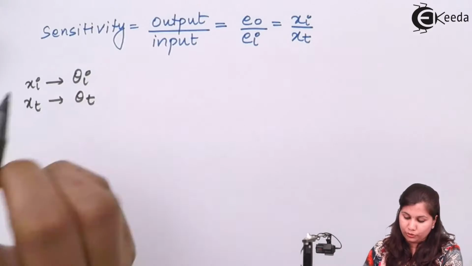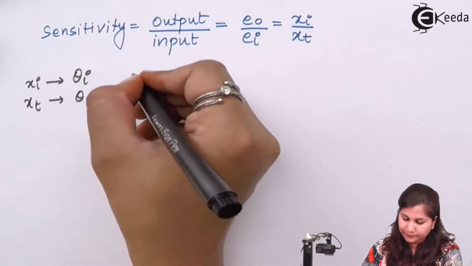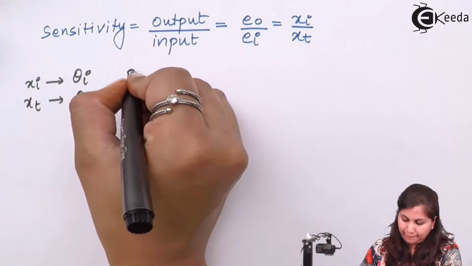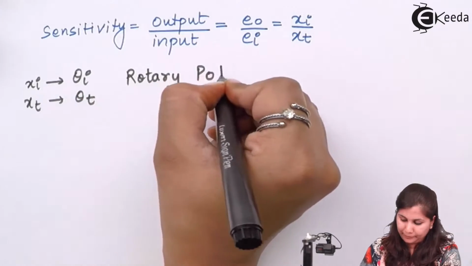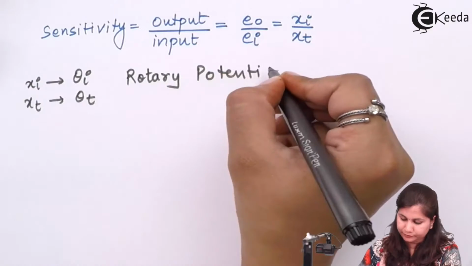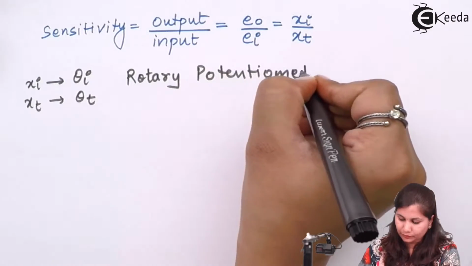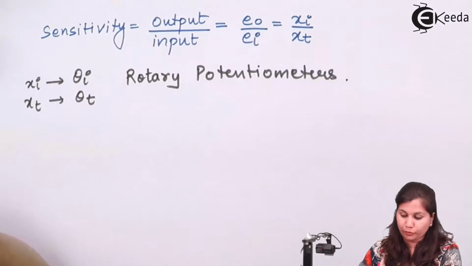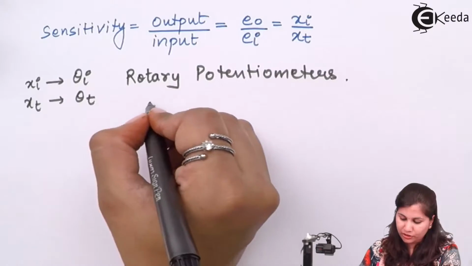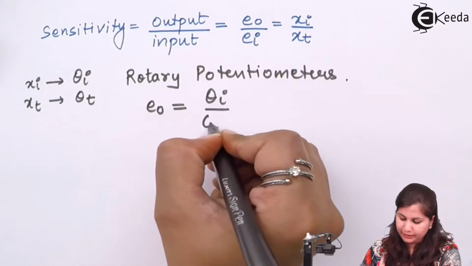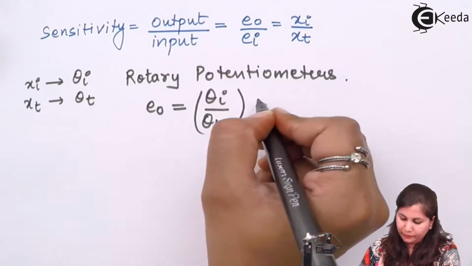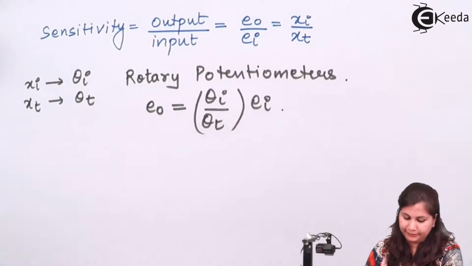So in that case, for rotary potentiometers, the equation will be changed. The output voltage E naught will be theta i by theta t multiplied with the Ei.